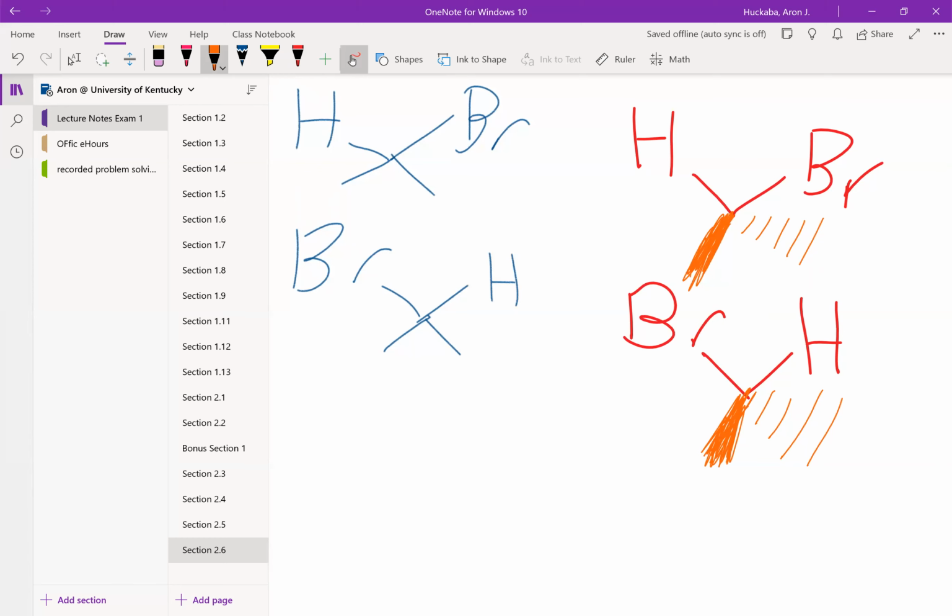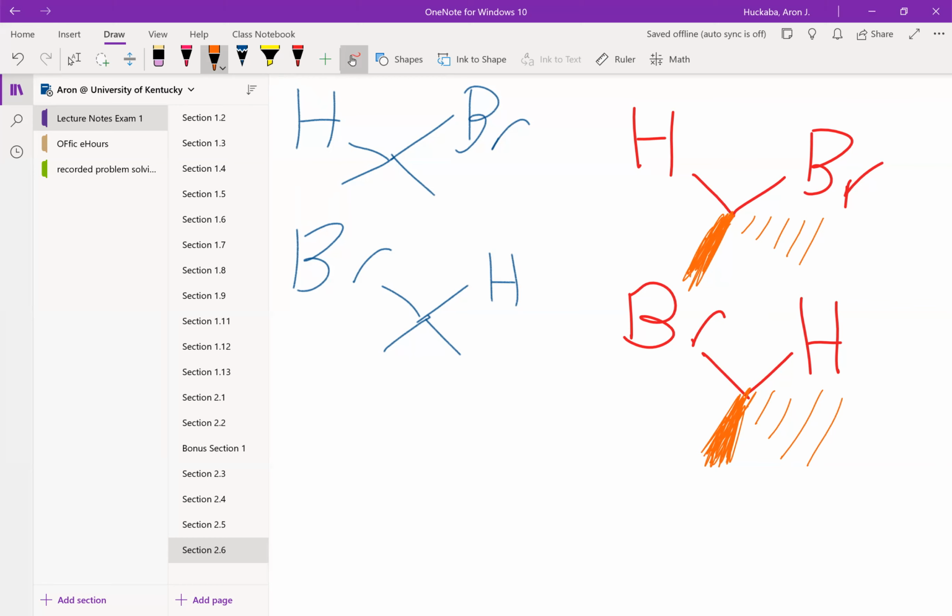It's coming out of the screen towards you, and the one on a dash is physically going into the screen away from you, while the H and the Br are both in the plane of the screen. So using this wedge and dash notation, you can actually see in 3D space where those two molecules are.